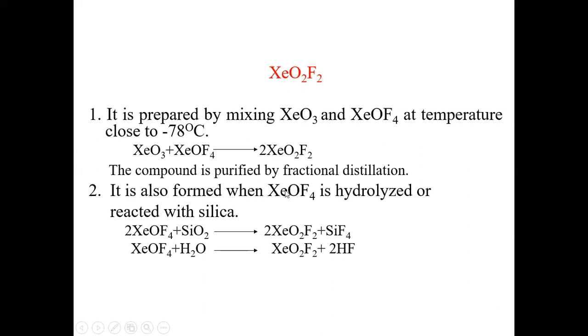It is also formed when xenon oxytetrafluoride is hydrolyzed or reacted with silica. Xenon oxytetrafluoride on reaction with silica gives 2XeO2F2 and silicon tetrafluoride. And xenon oxytetrafluoride on hydrolysis gives xenon dioxydifluoride and 2HF.